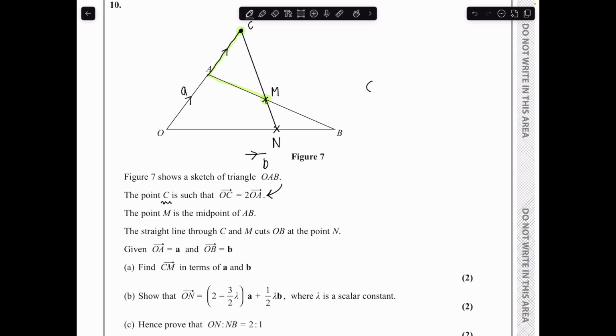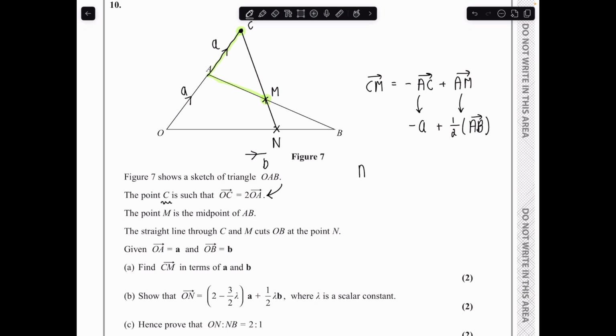So in other words, what we can write is C to M is equal to, now in this case, remember, O to C is two lots of O to A. So in other words, A to C is just A as well. So in this case, C to M is equal to negative A to C. Then we're going to add A to M, aren't we? So here, negative A to C is just minus A. And then A to M, remember, M is the midpoint, so it would be half of A to B.